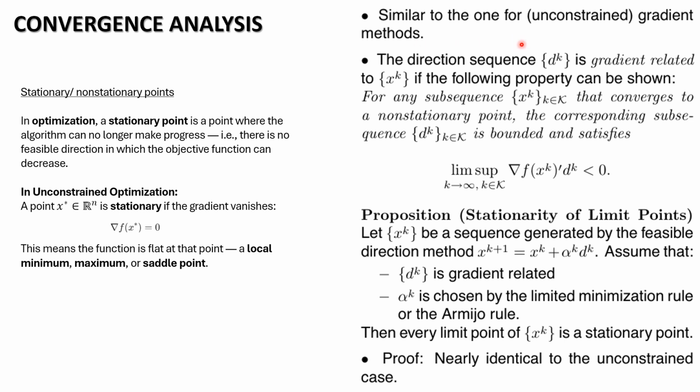At first, I can tell about the similarity to the unconstrained case. This refers to the fact that the convergence analysis of constrained feasible direction methods closely resembles that of unconstrained gradient methods, but with the added complexity of maintained feasibility.